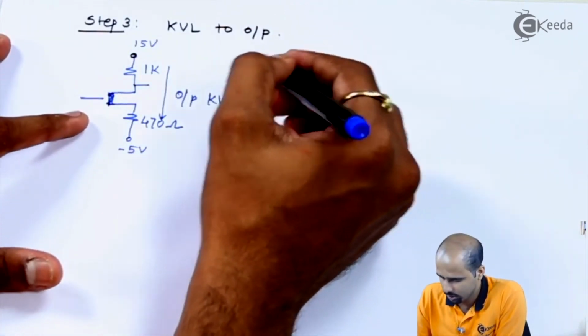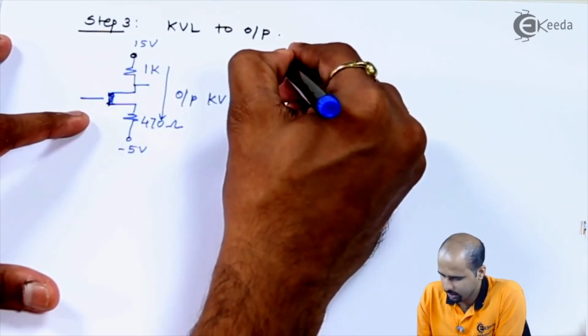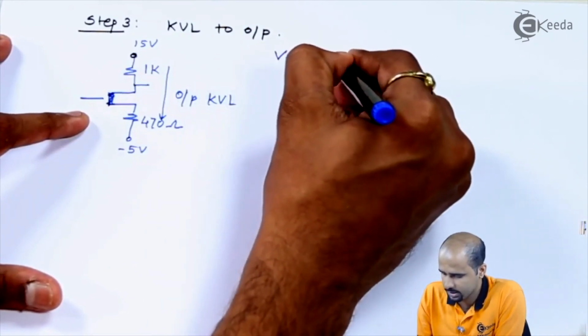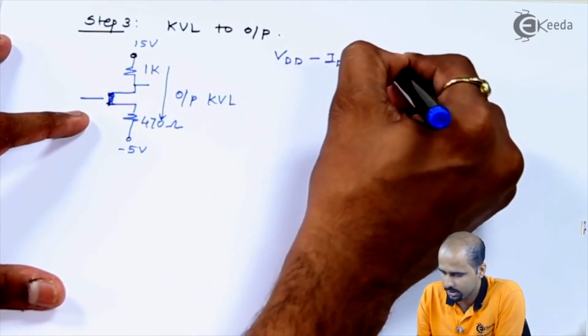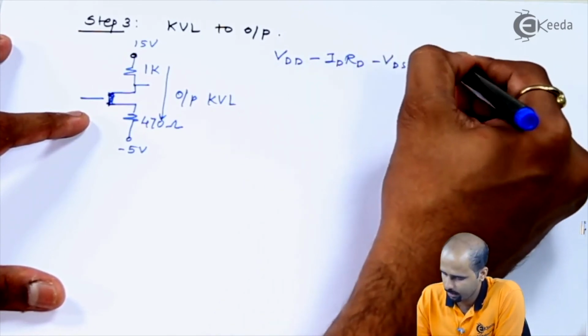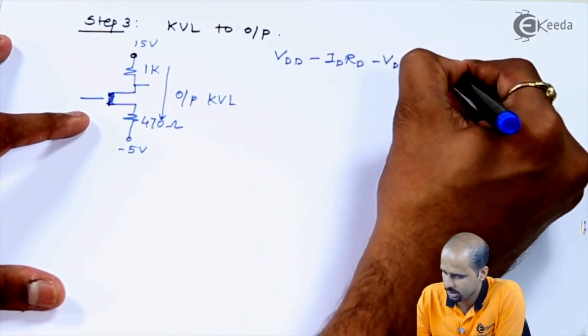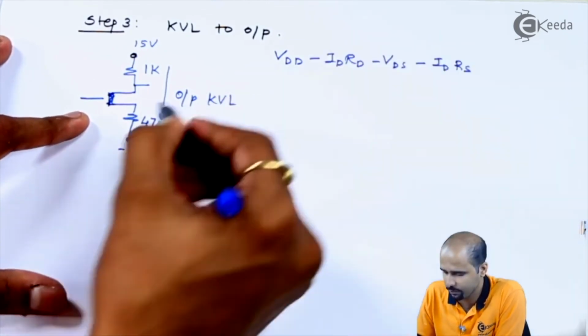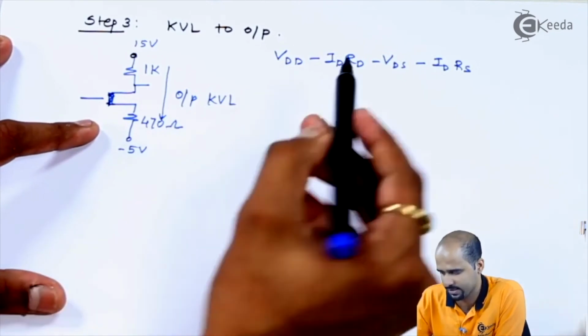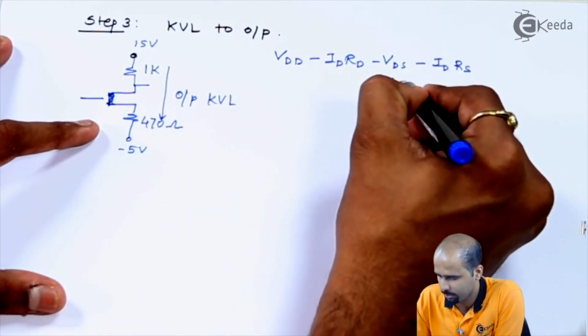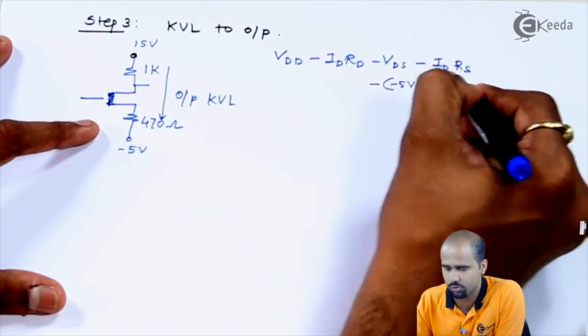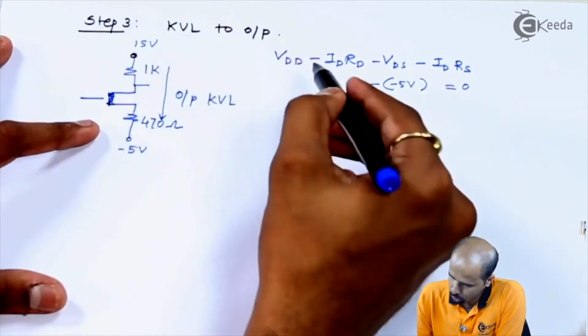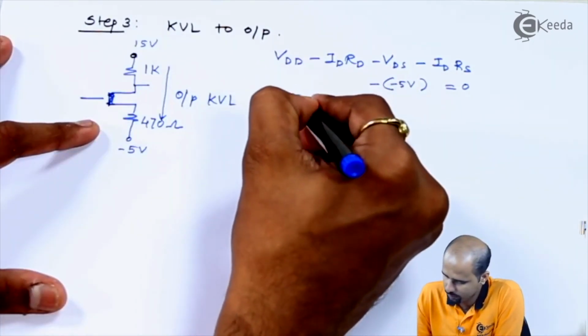So let's proceed further. I know that I will start from VDD minus IDRD minus VDS minus IDRS is equal to 0. Now, we have to consider this minus 5 volt as well. So we will say minus of minus 5 volt is equal to 0, right? So this VDD is of 15 volts.